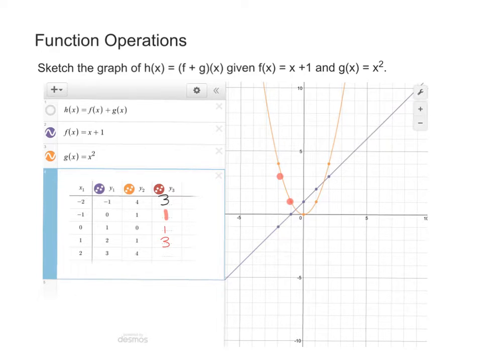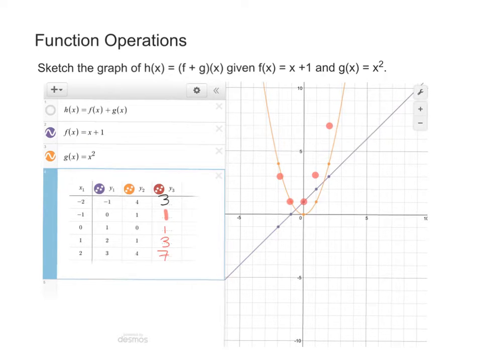And then 3 and 4, so 7. And I'll plot the rest of those points. So I have a point at 0, 1. And I have a point at 1, 3. And I have a point at 2, 7.